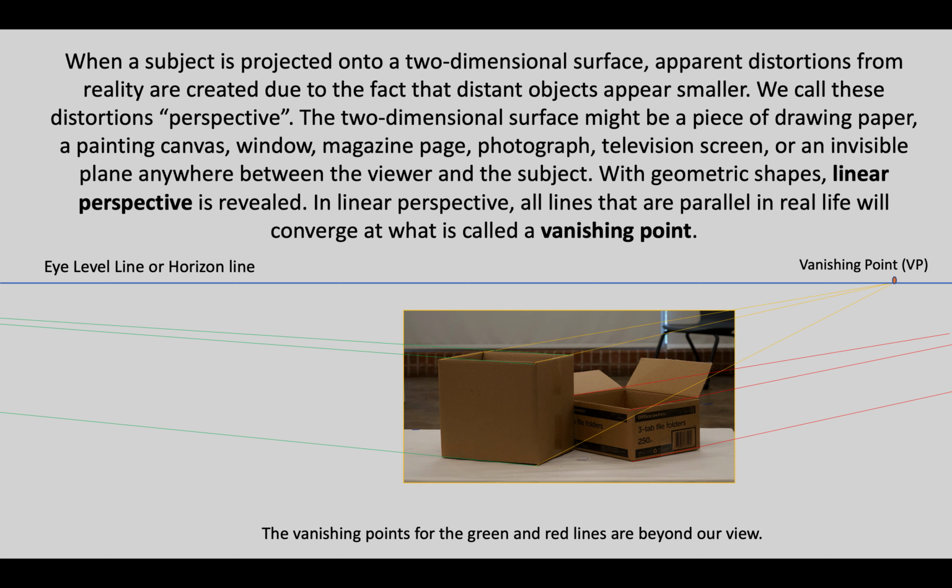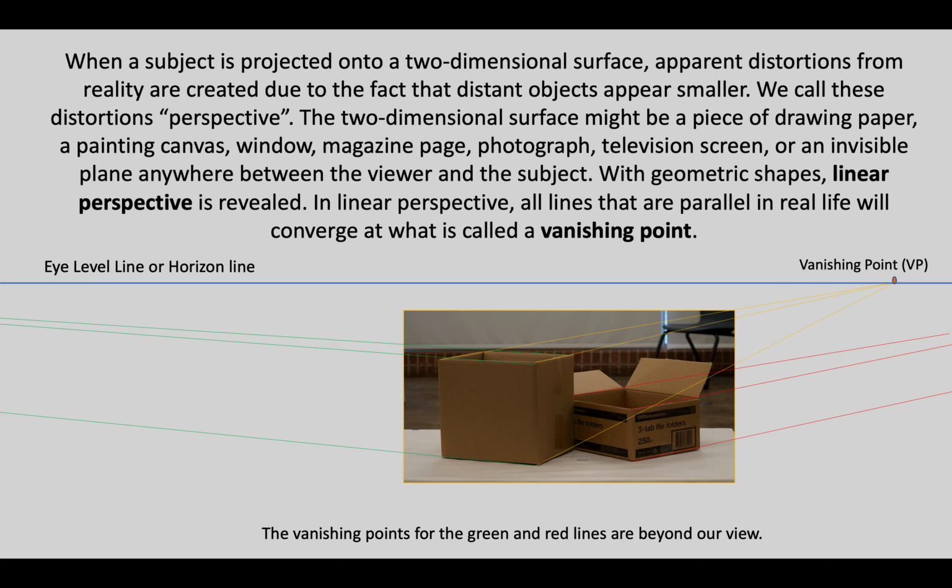And the most important rule is that all parallel lines converge at a single vanishing point. As you can see in this illustration, we've got two boxes. One box has a couple of flaps up, the other box has the flaps down. And the green lines on the left are converging off of the picture plane, or off of the computer screen in this instance.